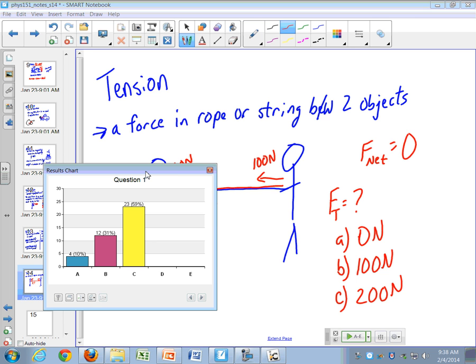So we're both pulling with 3 newtons. What do you think is the tension in the rope? 3. Now let's say I'm just going to hold it right here, like it's tied to a tree, and now you pull with 3 newtons. What do you think is the tension in the rope? 3.